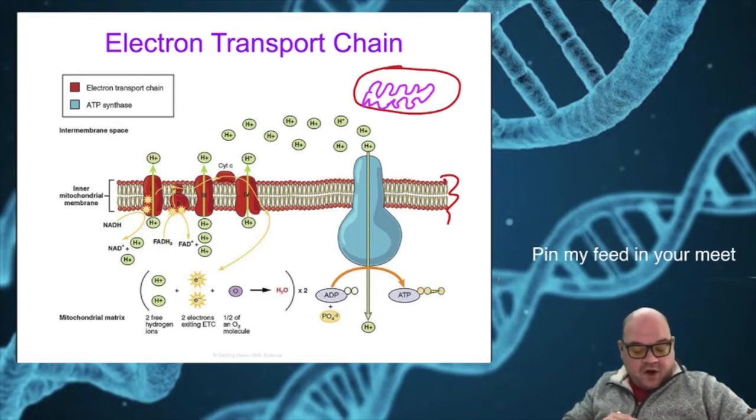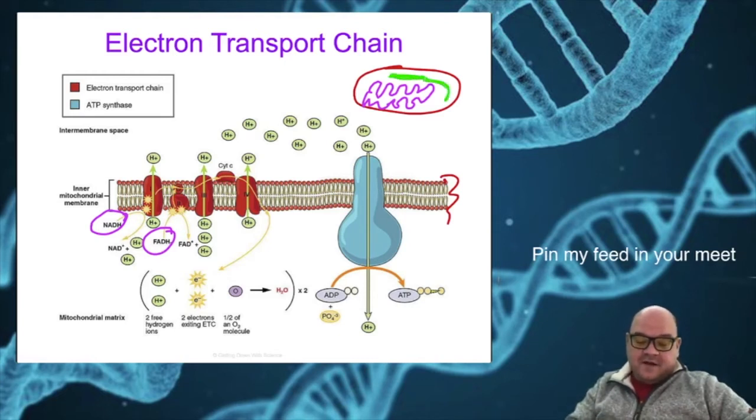Okay, so what are they doing? They are using NADH and FADH to pump hydrogen into the outside of the cristae. So this area right here in green, we want to put all the hydrogens in this area right here.